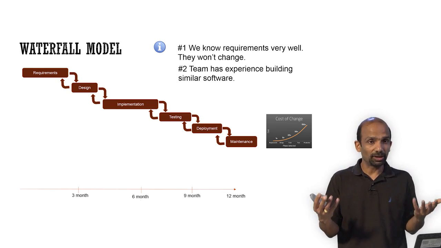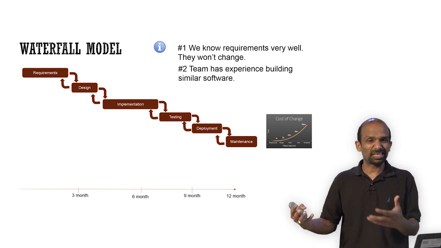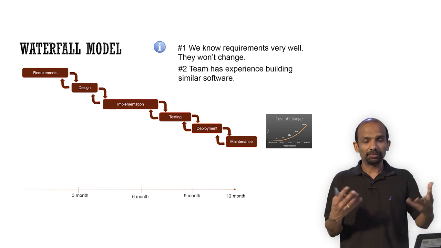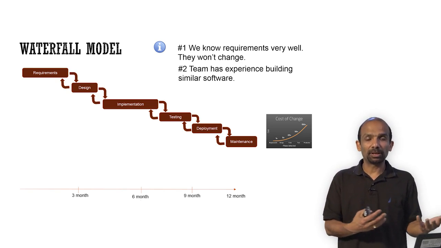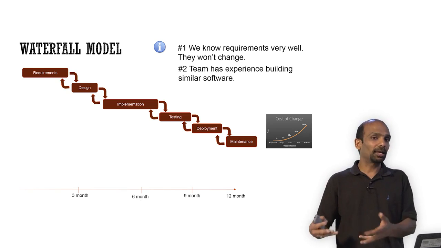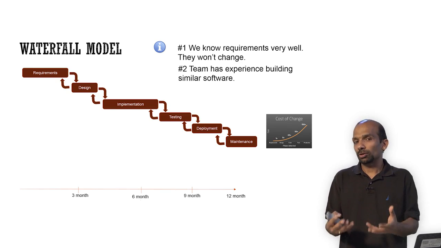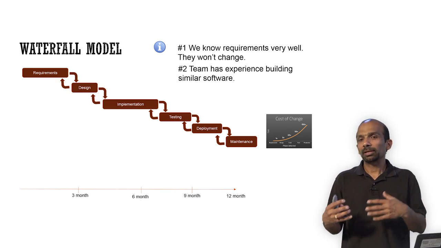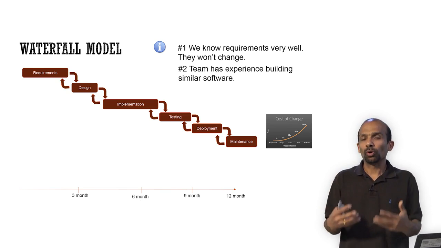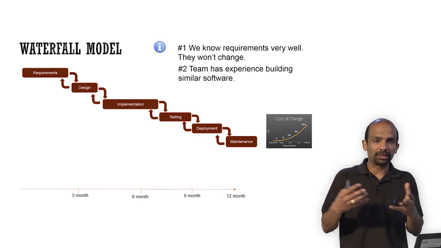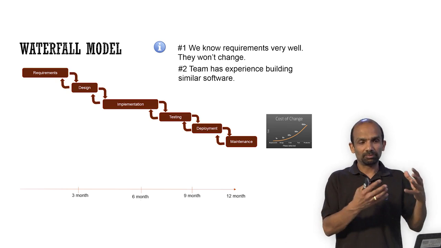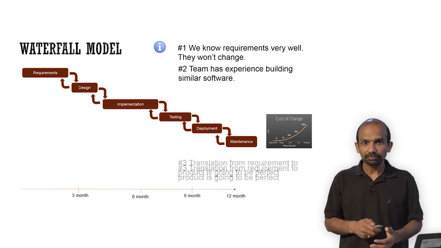Of course, they were not aware of it at that time. They haven't built this kind of software before, so that's why the mistake was made, and now they have to do some rework. So for this model to be successful, the team has to know what they are building so that they can design the software before they actually build it.